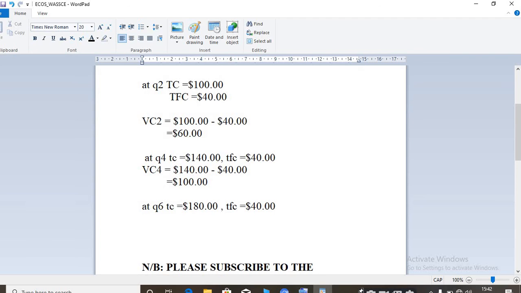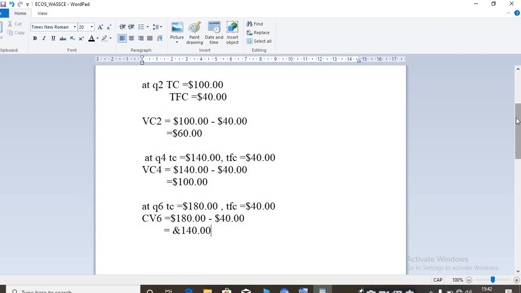So if you slot that in, VC6 equal to $180 less $40, and that will give us $140.